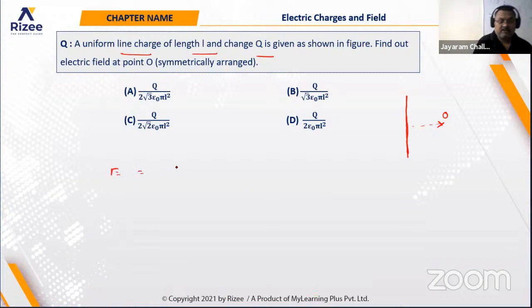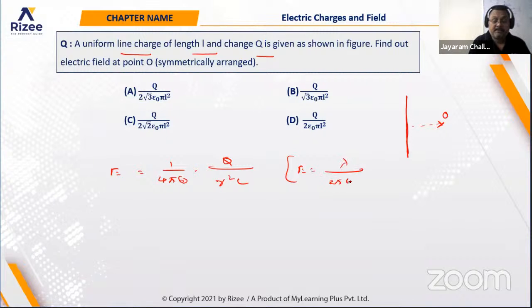E is equal to 1 by 4 pi epsilon naught into lambda, which can be written as Q by L, by R square into L. Just now we wrote this formula, but in a different format E is equal to lambda by 2 pi epsilon naught R. You can also write it in those terms.